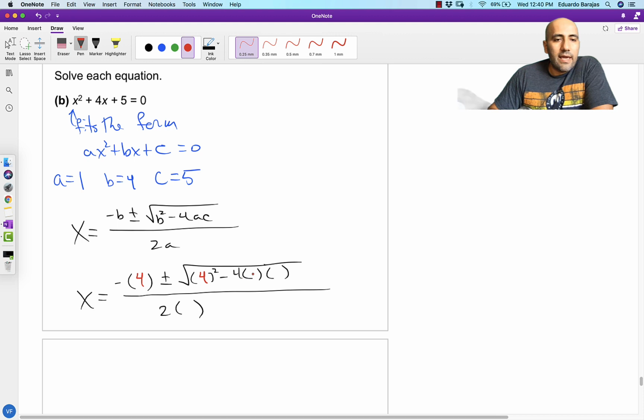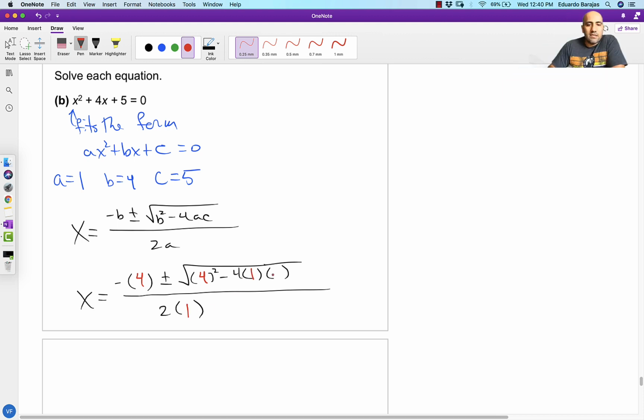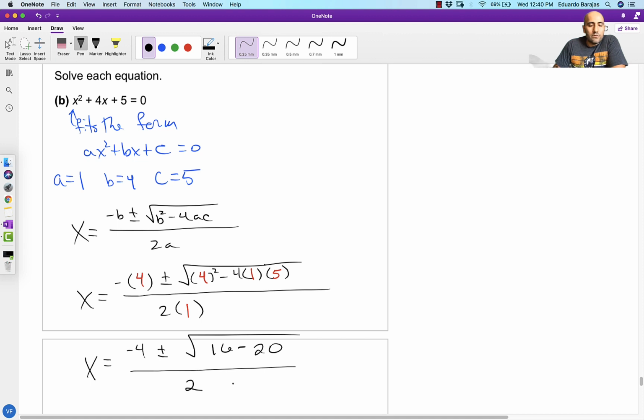And then the a is a 1 and a 1. And the c is a 5. So this becomes x equals negative 4 plus or minus the square root of 16 minus 20 all over 2. So x equals negative 4 plus or minus the square root of negative 4 all over 2.